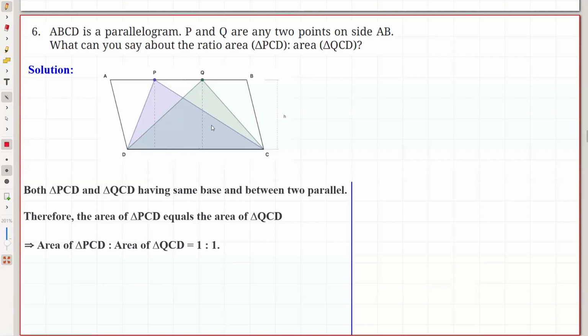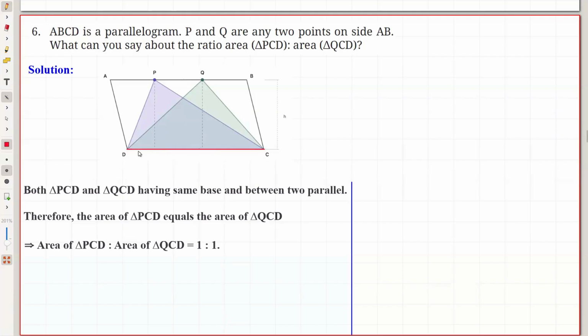If two triangles are having the same base and lie between the same parallel lines, their areas will be equal. The theorem is not given, but last year they have given us a theorem. You must know the statement. DC is the base for both triangles.